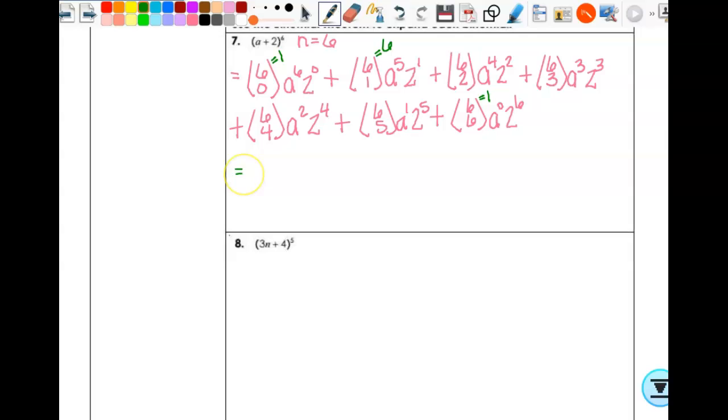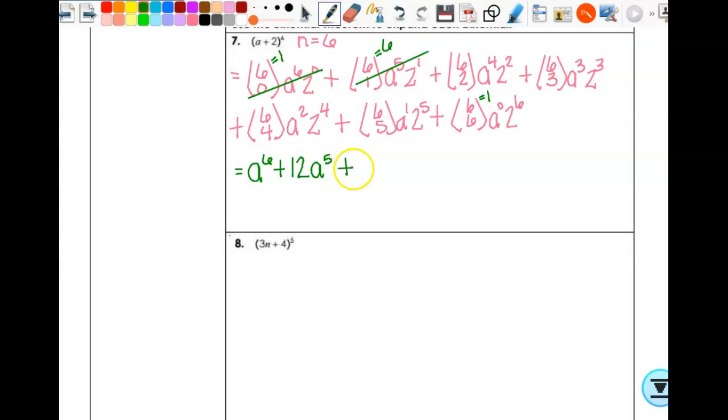So if we start cleaning this up with the first term, I know this is going to give me 1, this is going to give me 1, so I just have a to the 6th. And then I'm going to mark it out so I know I already used that term. Plus, then I'm going to have 6 times 2, which is going to be 12, a to the 5th. Mark that one out.